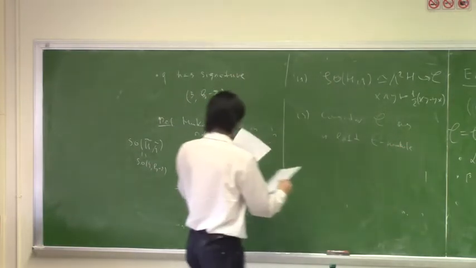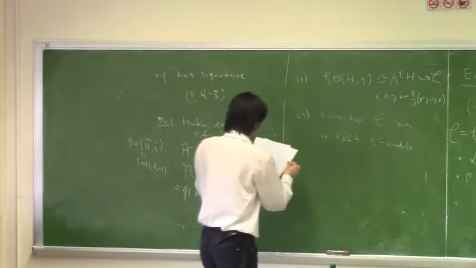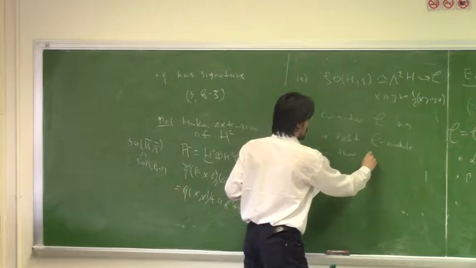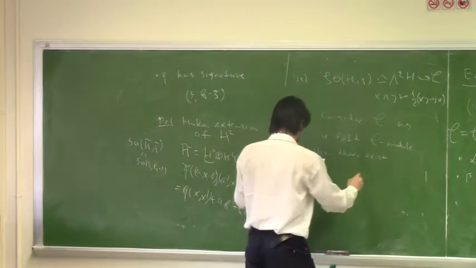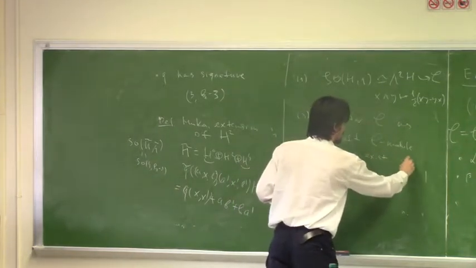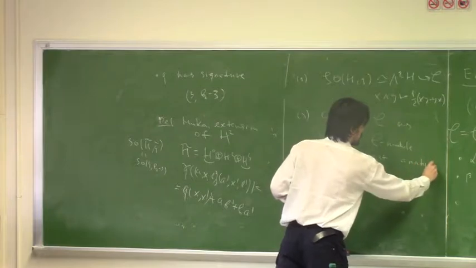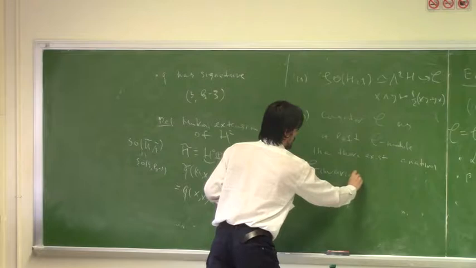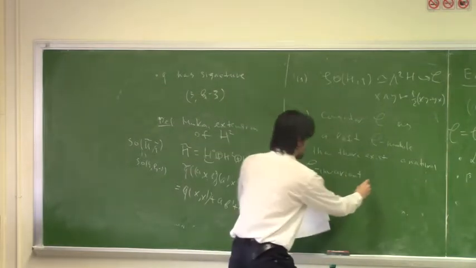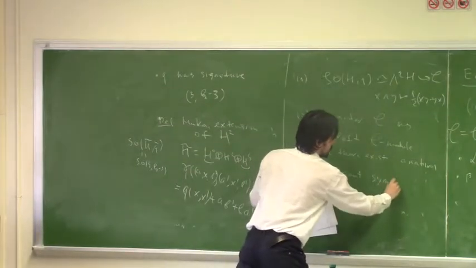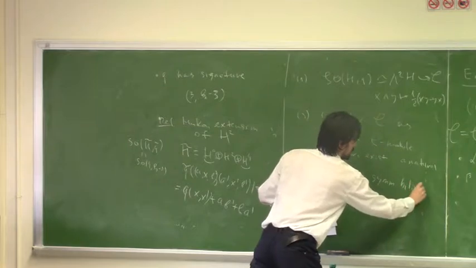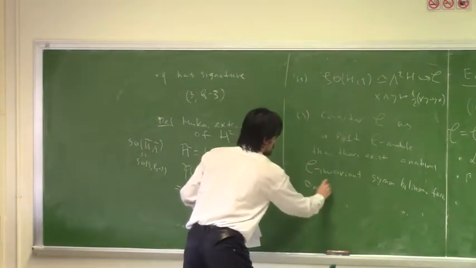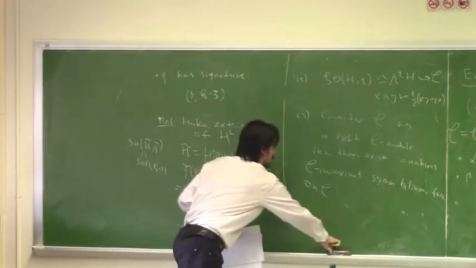So when they exist, invariant symmetric bilinear form on Clifford. Okay.